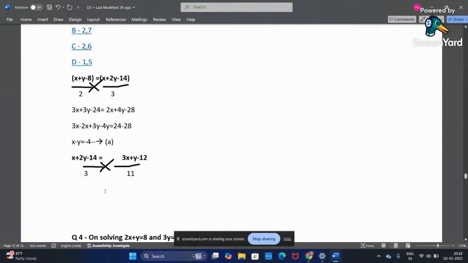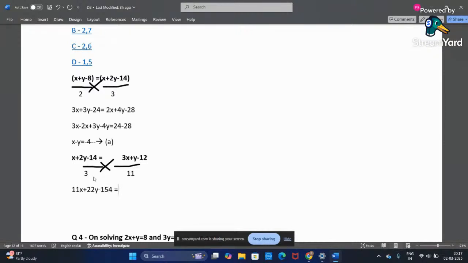We have to do cross multiplication here. What we are getting when we do the cross multiplication with the 11 to this number, we'll get 11x plus 22y minus 14 into 11. It is how much? 154, right?